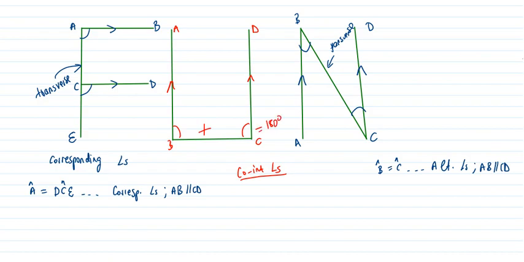So for co-interior angles, we're going to say angle B plus angle C, not angle B is equal to angle C, but angle B plus angle C gives you what? 180 degrees. Your reason being that they are co-interior angles, due to the fact that AB is parallel to CD.